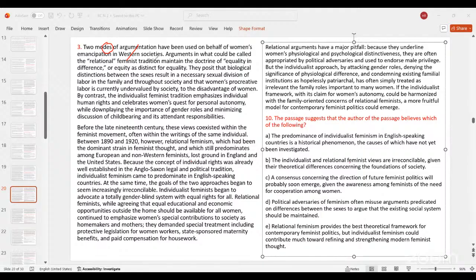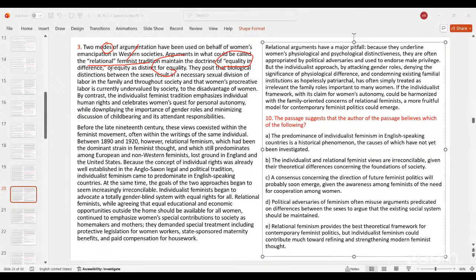About what? Women's emancipation in Western societies. Arguments in what could be called relational feminist, doctrine of equality in differences, or equality as distinct. So this is the one part.